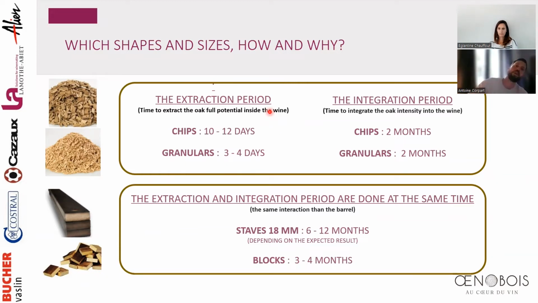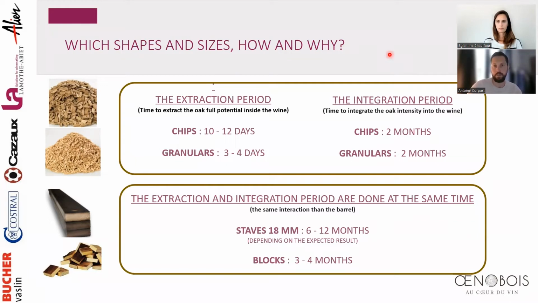So when we are working with chips, we need 10 to 12 days to extract the oak's full potential. And when we work with granular, we need 3 or 4 days. That is the reason why it's really interesting to work with granular in alcoholic fermentation.